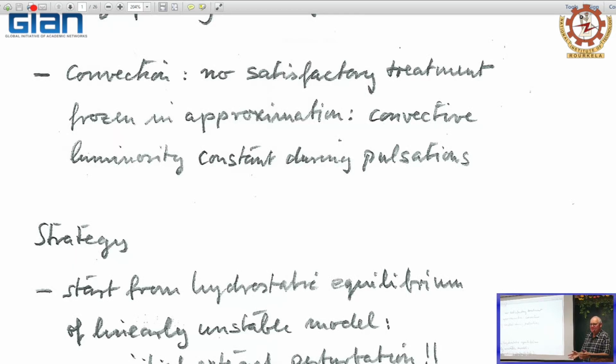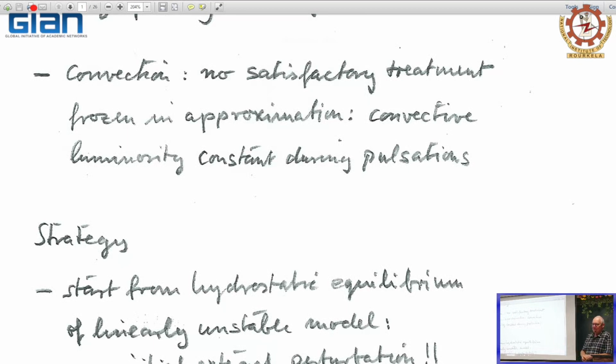This is the case once the simulation code is very dissipative, so it will dissipate energy once the instability will try to grow. So what you need then is an external perturbation. You will shake your star, you will give it a kick, and then it might start to pulsate.